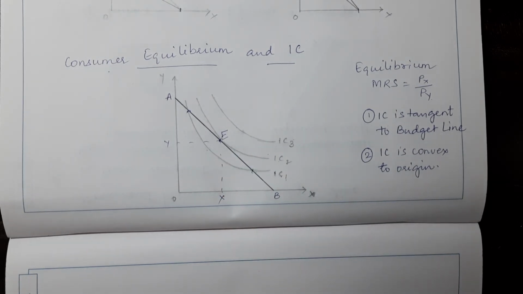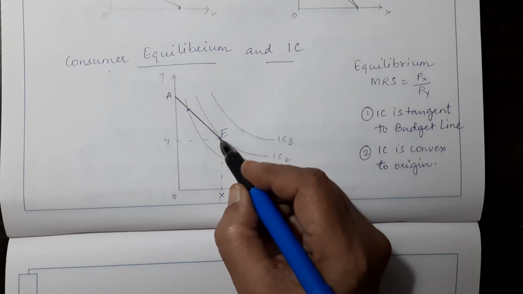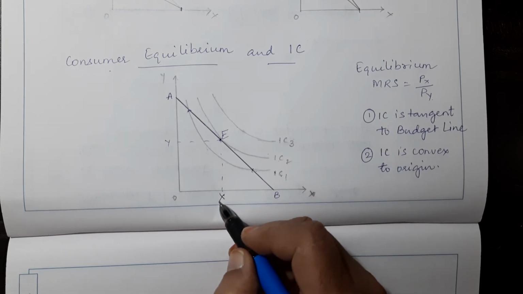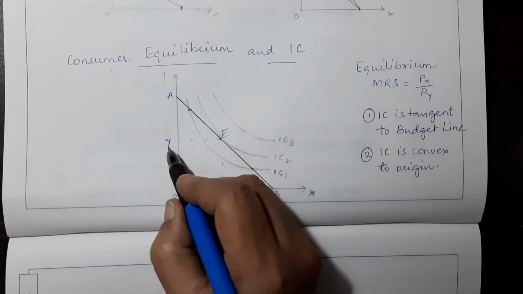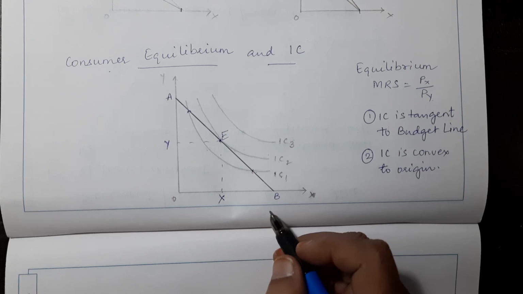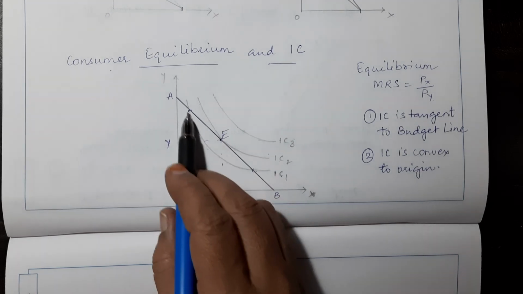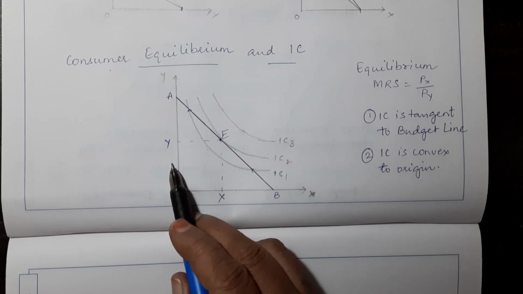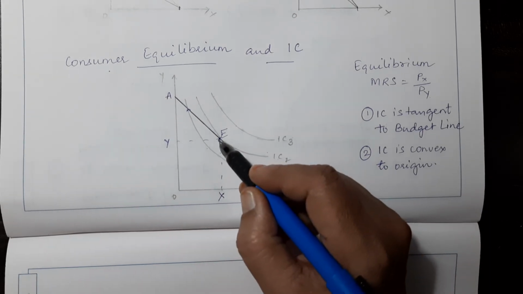So a consumer attains his equilibrium at this point E, where he can consume these many units of good X and these many units of good Y for the given prices in the market, where his budget also supports the units of good X and Y. So this is the equilibrium point.